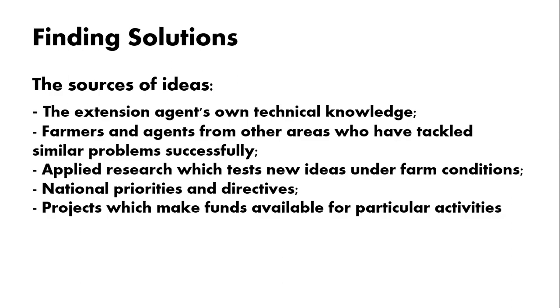National priorities and directives guide the finding of solutions, and the projects which make funds available have particular activities also. Sometimes the project that is going to fund also comes with some kind of solution. These are the ways you can find the sources or find the solutions.